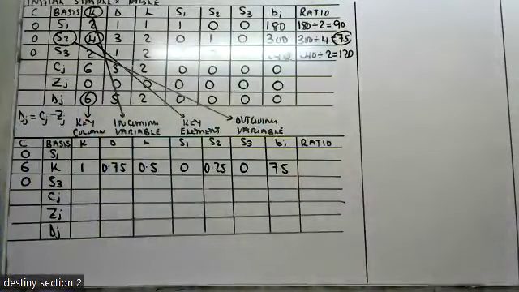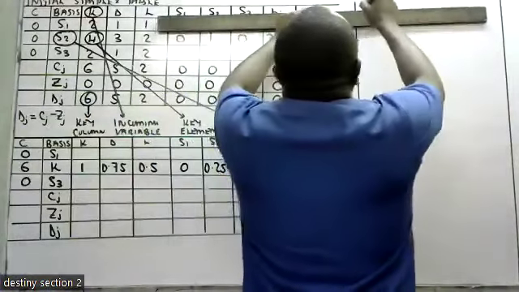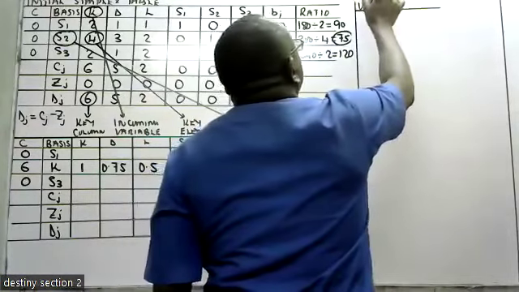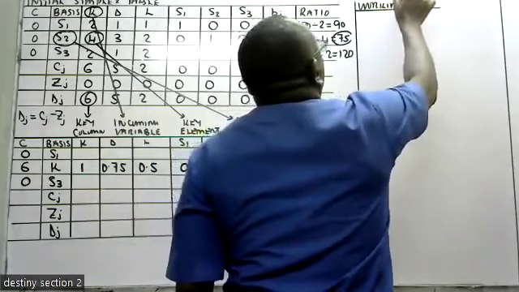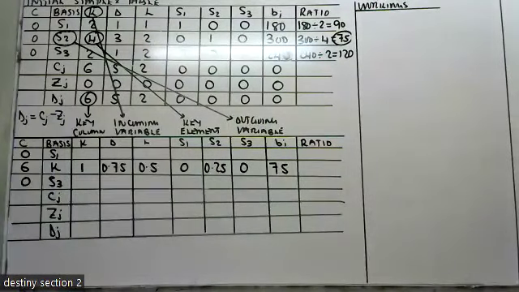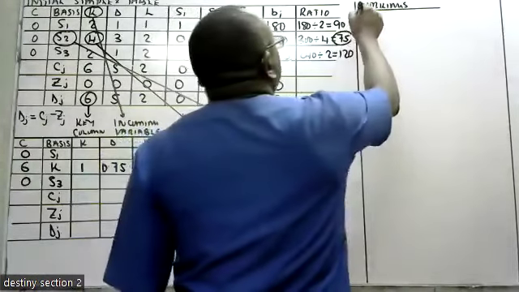Now below that table, we will require to do some workings, so that now we substitute this value of S1 and S3. There is a formula that is in your notes. So the formula, I'm going to write it this way.